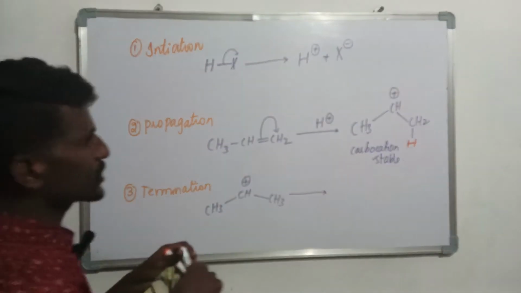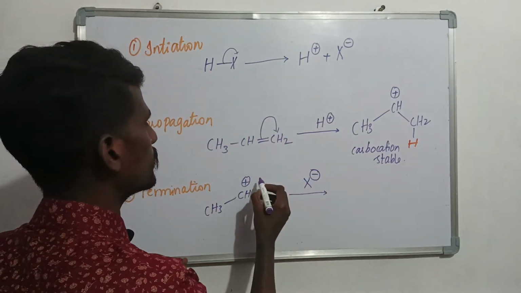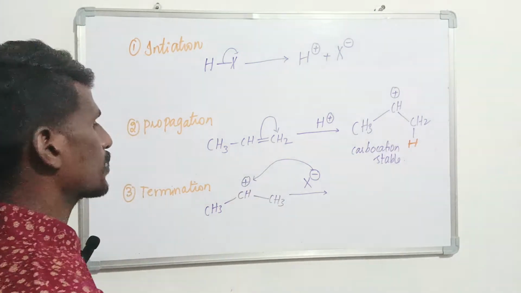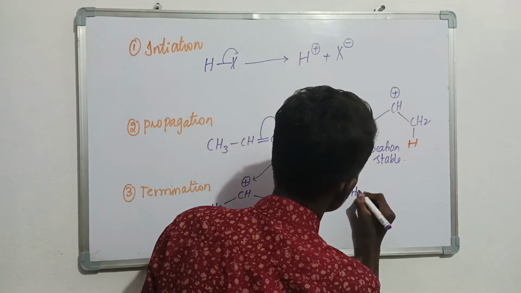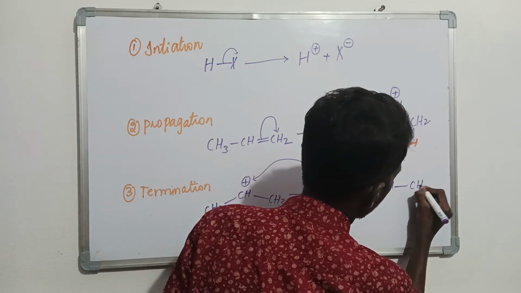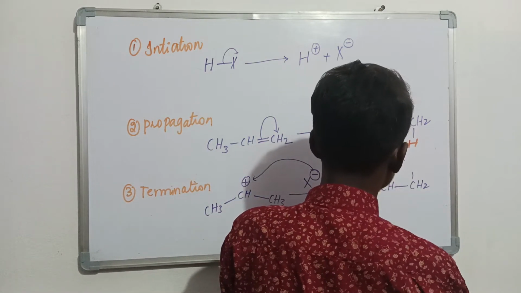The X minus ion attaches to this carbocation, and it is converted into the product.